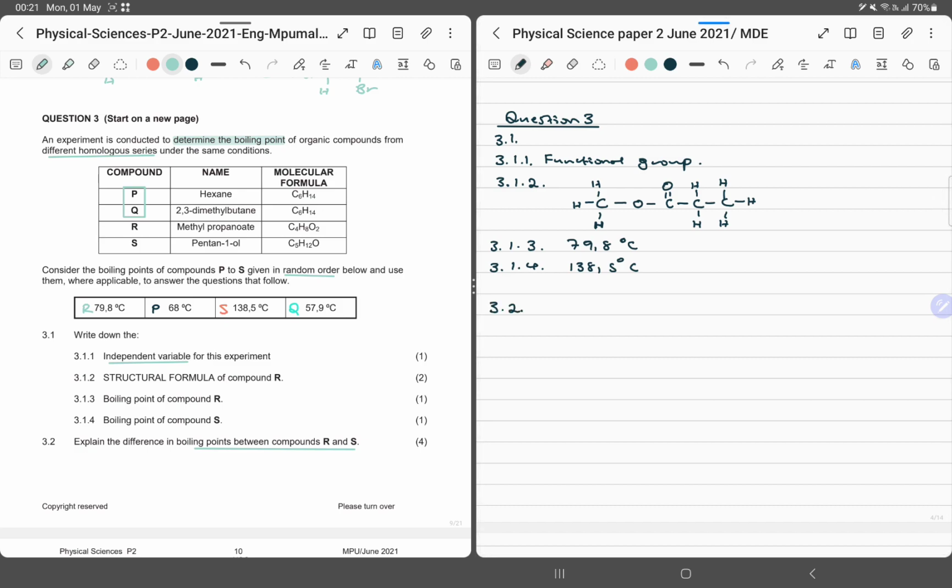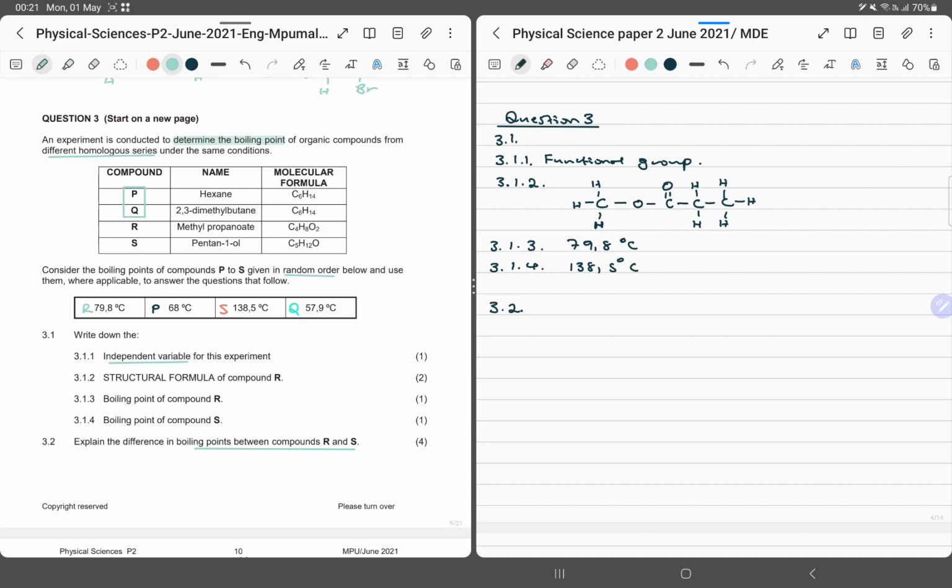So what do we know about S and R? S has hydrogen bonds, whereas R has dipole-dipole forces in addition to the London forces that they contain. And that is why those two have differences in their boiling points.